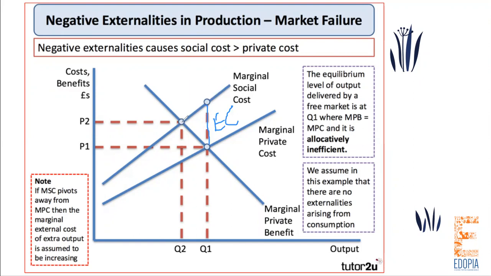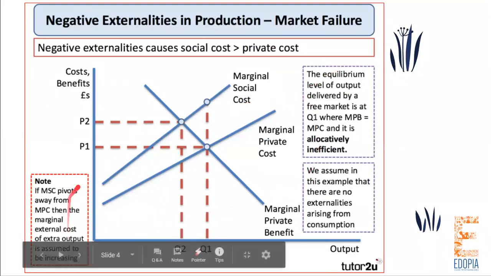So the new equilibrium point would be here, considering the social cost of that product, and then the output would become Q2 and the price would become P2. So this area would become the deadweight loss. This entire triangle area would become the deadweight loss. Okay, so this is how the market failure occurs when we fail to realize the external cost of that particular product.